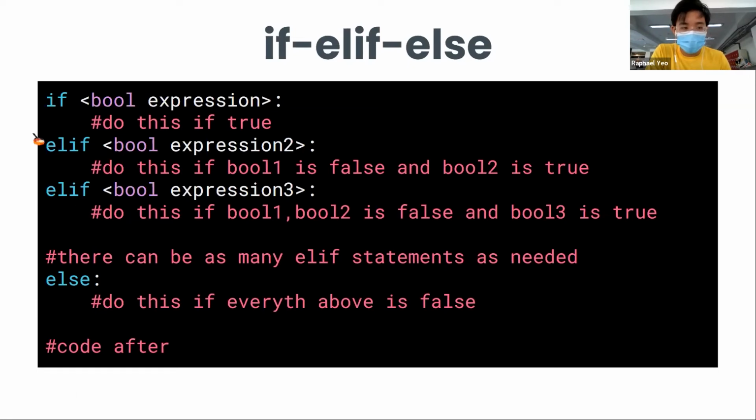This will go on until it finally meets something that is true, or it meets the else. If all the expressions are false, else will run. If one of the Elif statements is true, then that Elif statement will run, and it will go down the order as such.